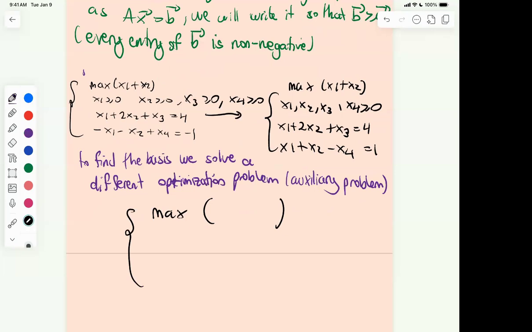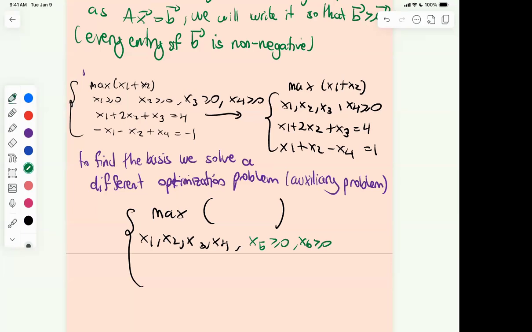The idea is that we will add two new slack variables, and you'll see why in a moment. I'll put the new stuff in a different color. So I'll have two new slack variables. Why two? Because there were two equations.